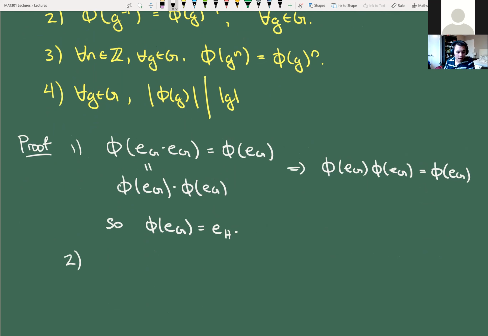For the second one, the fact that inverses are preserved, pretty quick one. The identity in H is phi of the identity in G. We just proved that in part one. Now let me write the identity as g times g inverse.